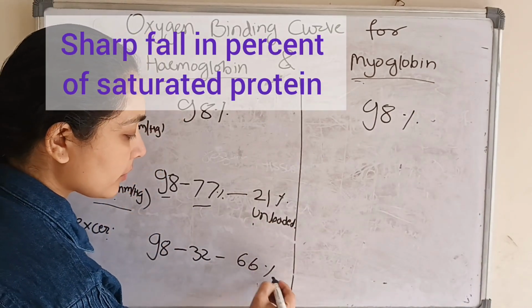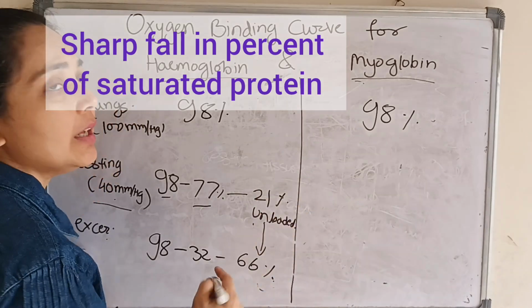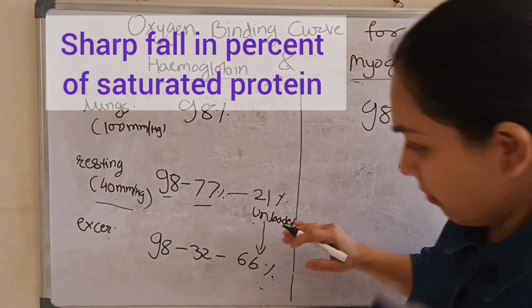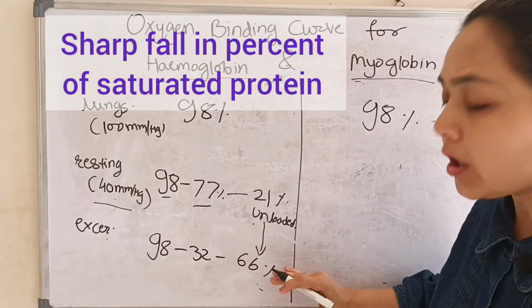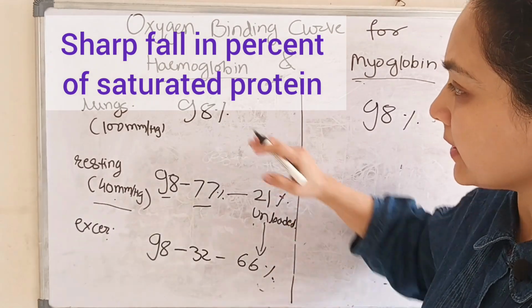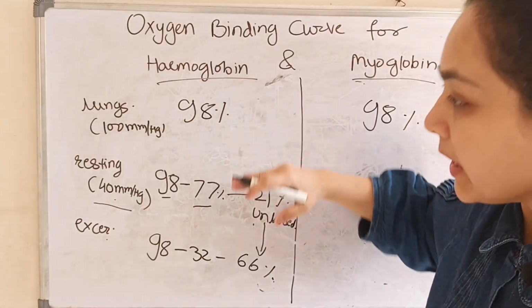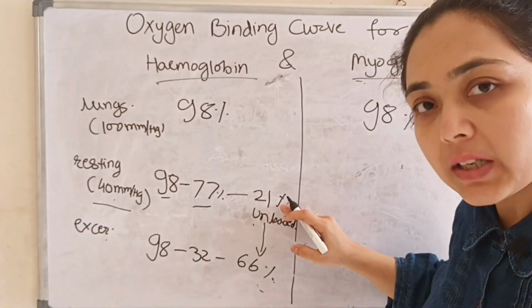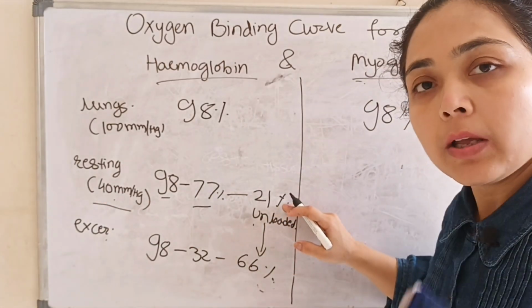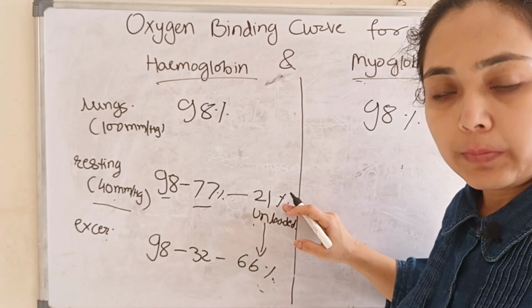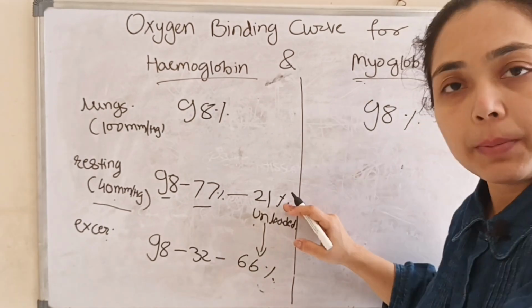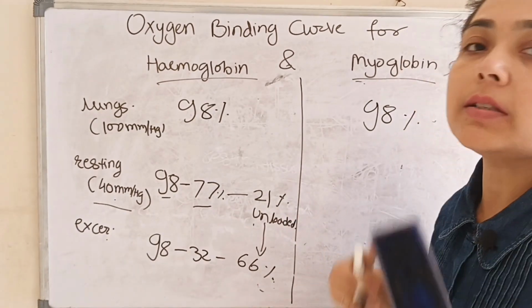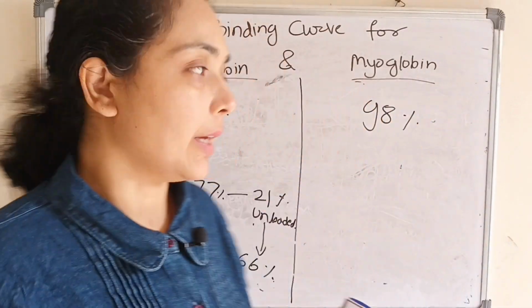So we see a sharp rise in the unloading or supply of oxygen here. Earlier in the resting tissue where the partial pressure is 40, 21% of the protein will supply oxygen, and then 66% will supply oxygen here.